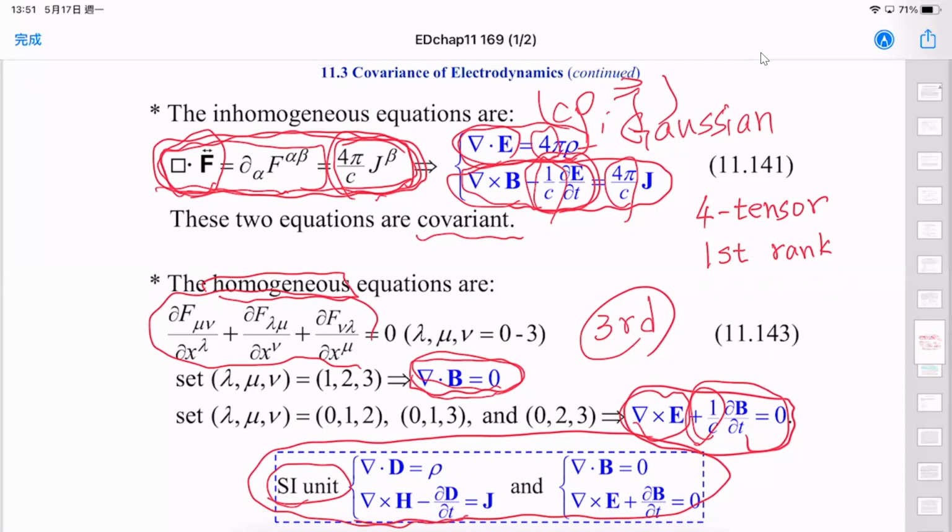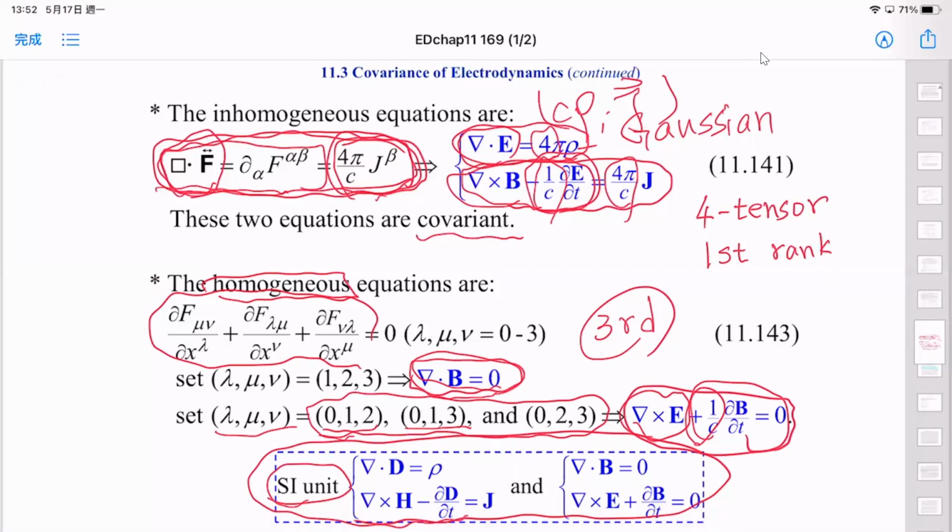And if it equals another set, 0, 1, 2, 0, 1, 3, 0, 2, 3, then permute. Any other combinations? No, just 4 sets. How about 1, 1, 2? Remember, 1, 1 will give us nothing. And 1, 1, 2, you can study by yourself and see what's the difference.